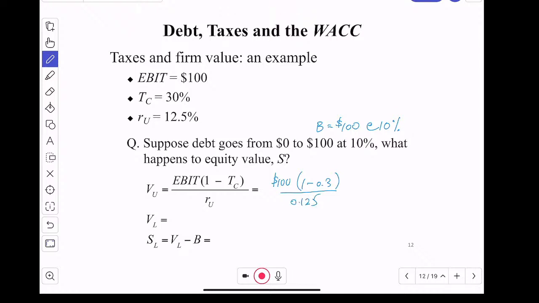That was figured out by using CAPM or whatever it was. So the unlevered firm value is $560.